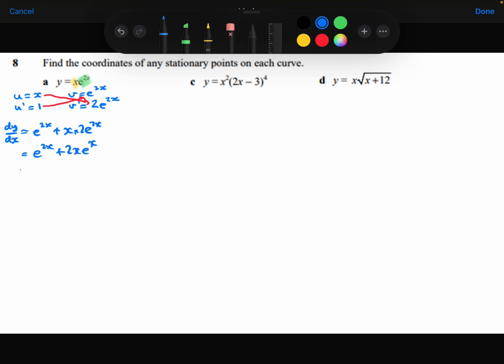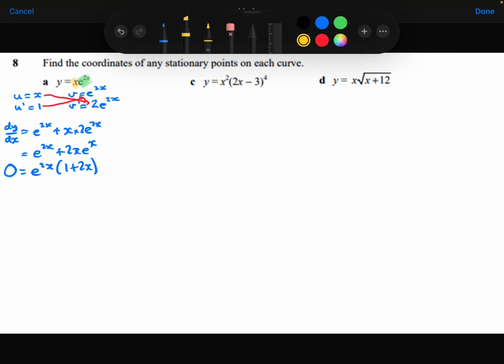And then I can factorise out the e to the power 2x to make it even simpler. And so I want to find the coordinates where this gradient function is equal to 0. So 0 equals e to the power 2x times the 1 plus 2x.